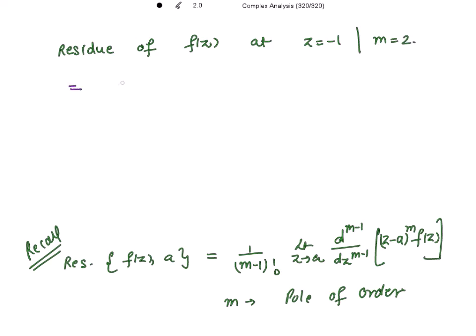So just put the value over here. 1 divided by (2 - 1) factorial, that is 1 factorial. Then limit z tending to a, which is -1. Then the derivative (m - 1) times, that is 2 - 1, we have to differentiate only once with respect to z, and (z - a). A is -1, so it is z + 1, and the power m, that is 2, f(z).